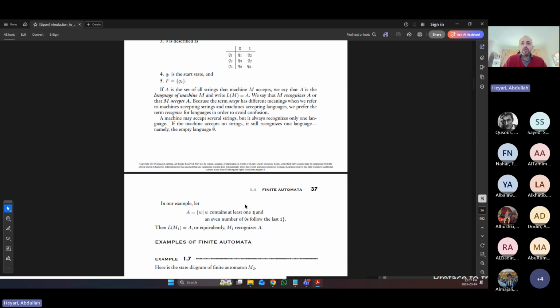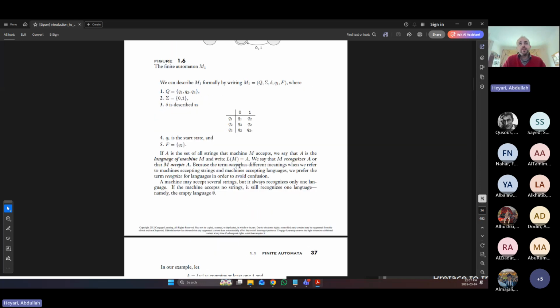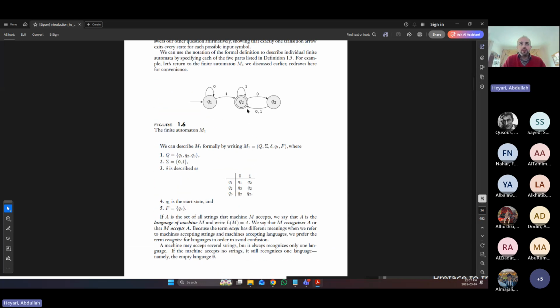So it's okay to end with a 1. If you want zeros after that 1, then those zeros must be of an even number. Just like this, you arrive at 1 here, so you are in an accept state. So you can have a pair of zeros followed by another pair of zeros, another pair of zeros.